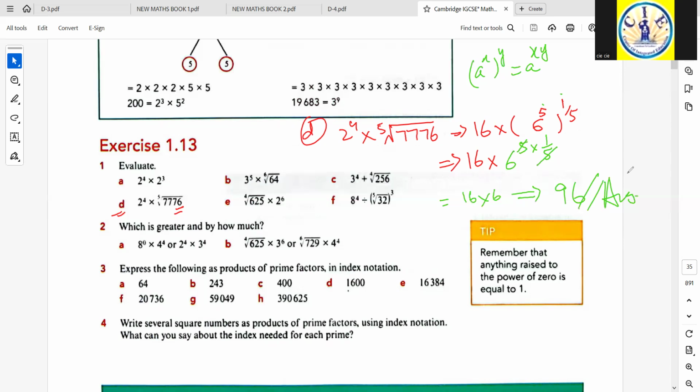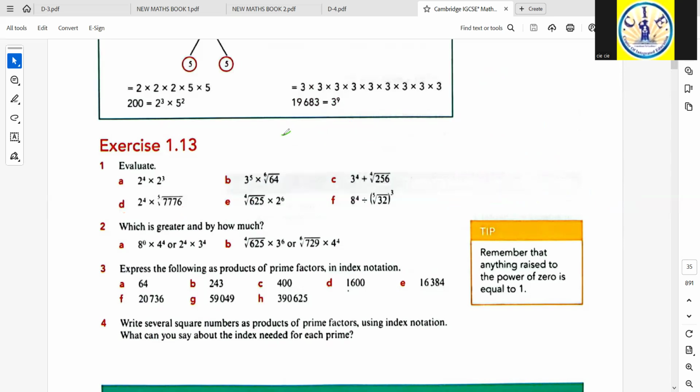In the same way, we need to do its part E, that is fourth root of 625. Which is that number which, when multiplied with itself 4 times, may give us 625. Since its unit place is 5, so that number could be 5. So checking your calculator, 5 raised to power 4 will give you 625.